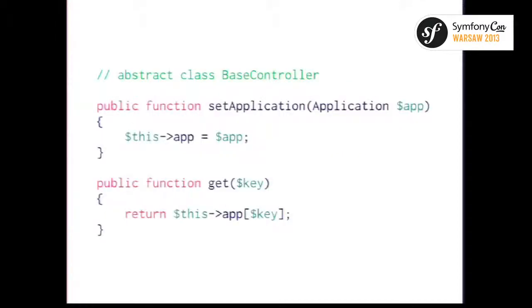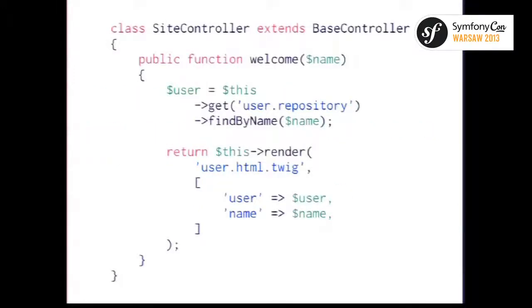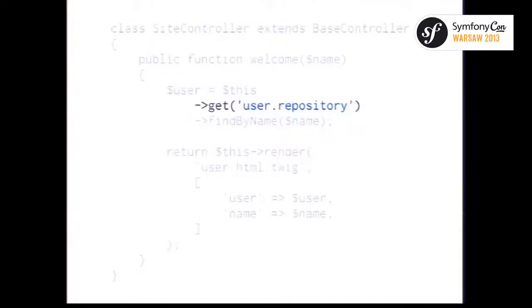Our base controller would look like this. It has a set application method that allows us to inject the container. It has a simple get method, so we can pull things out of the container. And it has a render method, or various other helpers, that will make things easier for us in our controllers to use these things. Our actual controller would be fairly similar, but instead of pulling things out of the application object that gets passed in the actual method call, it pulls things out using the functions that we've just declared in our base controller.